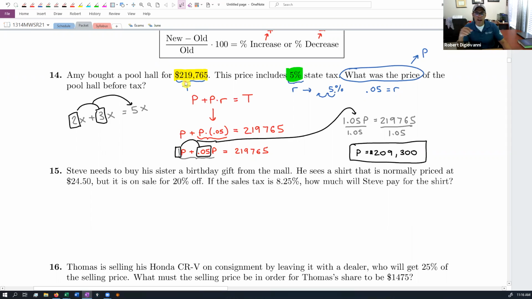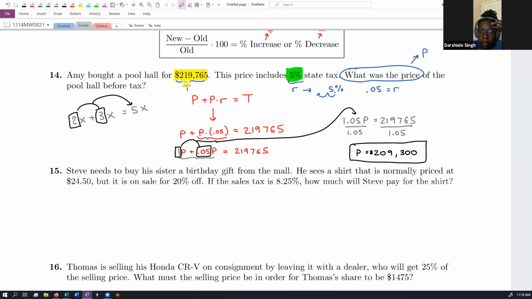Could we figure out from that how much she paid in tax? Like how much tax she actually paid? Yes, you subtract the 209,300 from the 219,765. You're going to subtract the 209,300 from the other one, and you get 10,000.